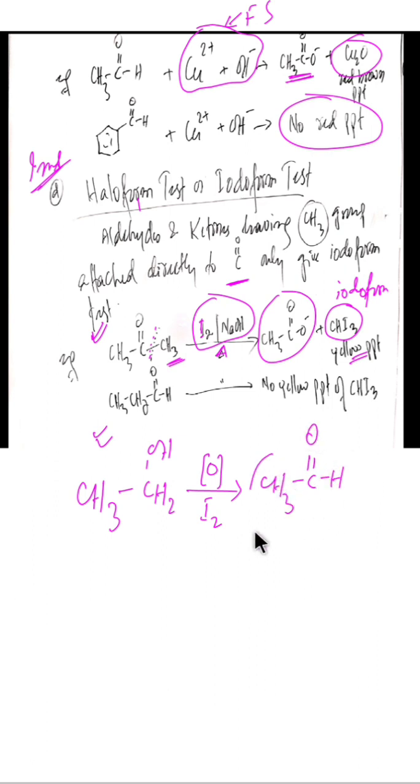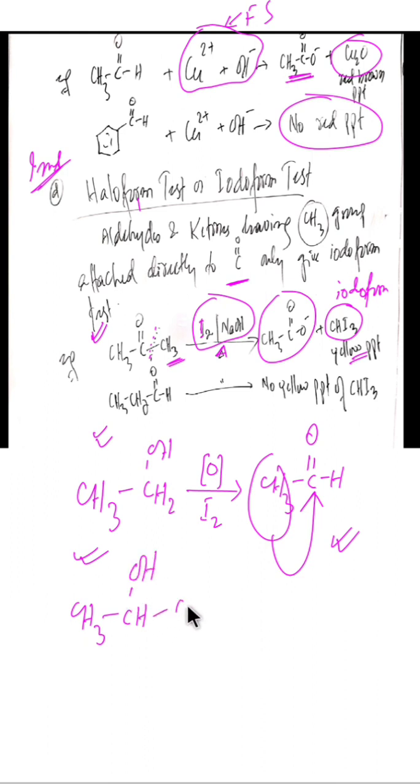So in this aldehyde, CH3 is directly attached to CO. So this aldehyde will give iodoform test. So therefore this alcohol will also give iodoform test. So another alcohol which can give iodoform test is this one. This is our propan-2-ol. This can give iodoform test. This alcohol can give iodoform test.